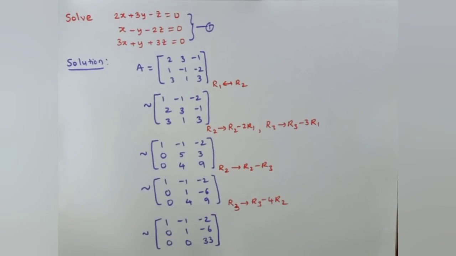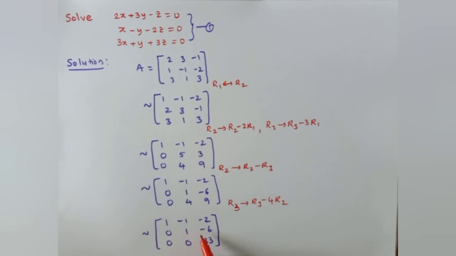Now our target is to make this element 0. Is there any possibility to make this element 0? Yes, there is a chance to remove this, but then a nonzero will get added here again.